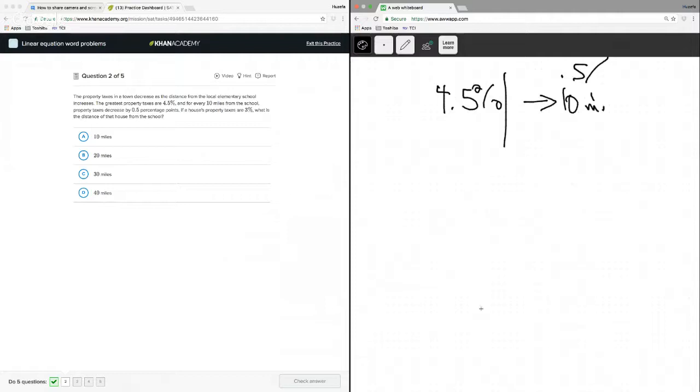So we could say it starts at 4.5 percentage points minus 0.5 times X, and X would be every 10 miles. If it's 10 miles, it'd be 1, 20 miles would be 2. We may have to modify this, but this is roughly it.